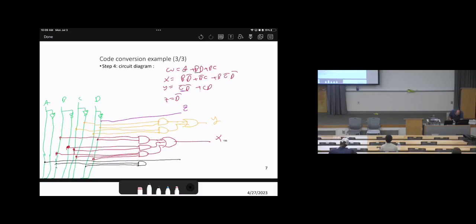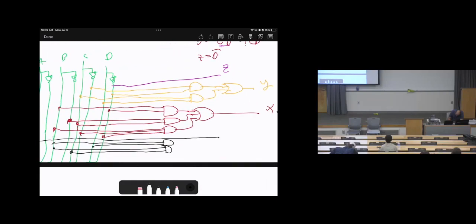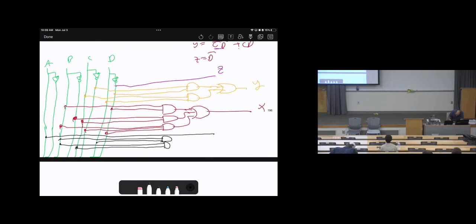So here is B, and here is, where is C? Here is C. With AND gates. Then there will be OR to create the value W.